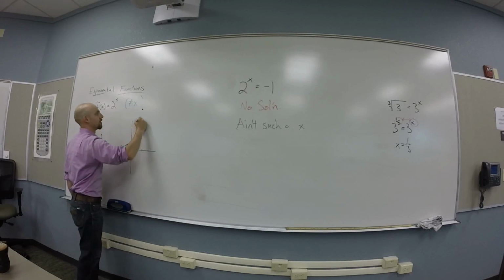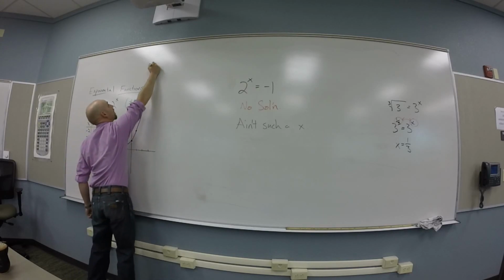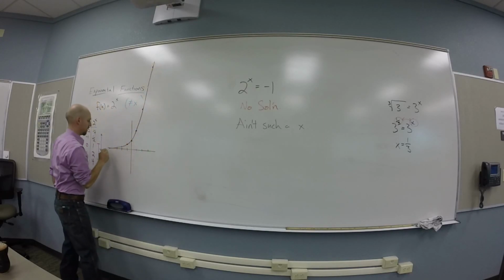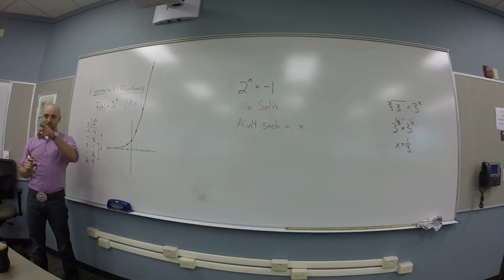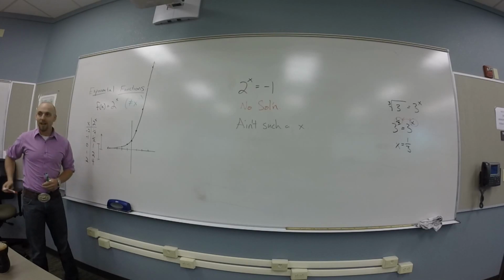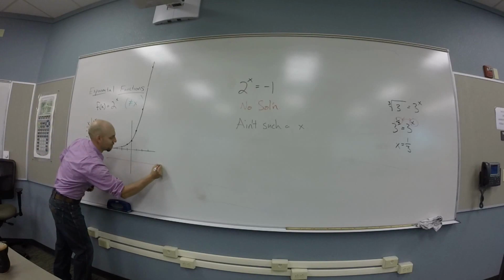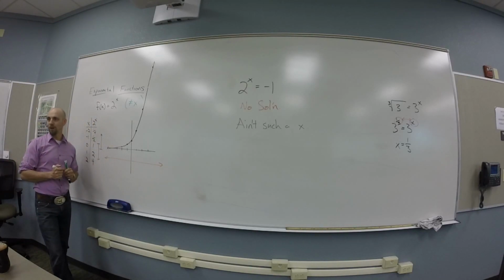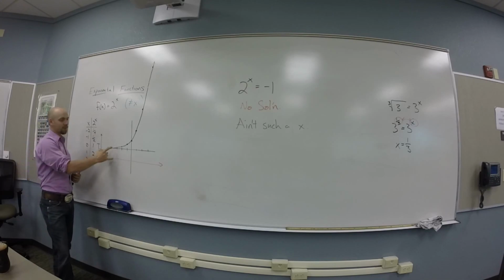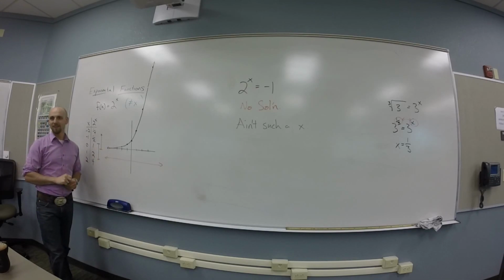So I've got a function that looks kind of like this. You can never reach -1 because you can't go past 0. You can get smaller, but you never get smaller than 0. I can never reach -1, which is right here. That's the function y = -1. The black and the red never hit, right?